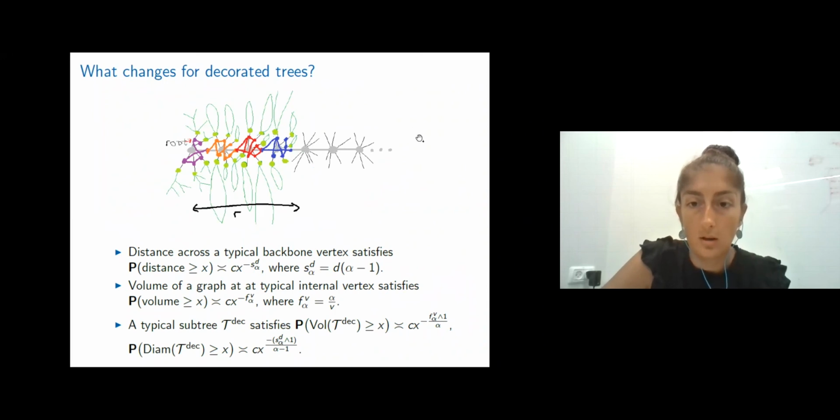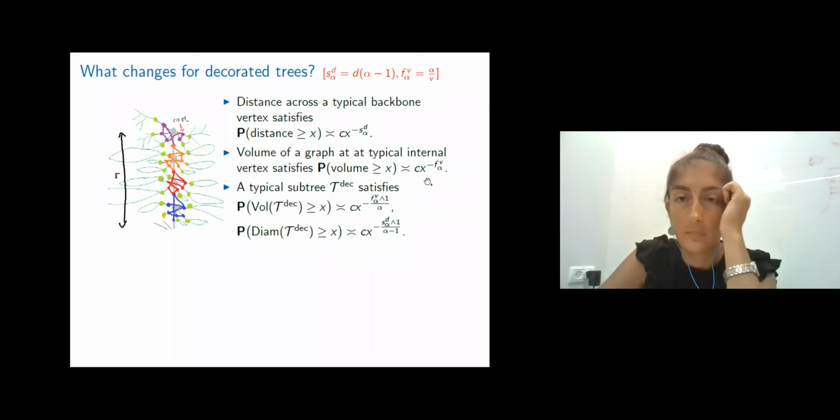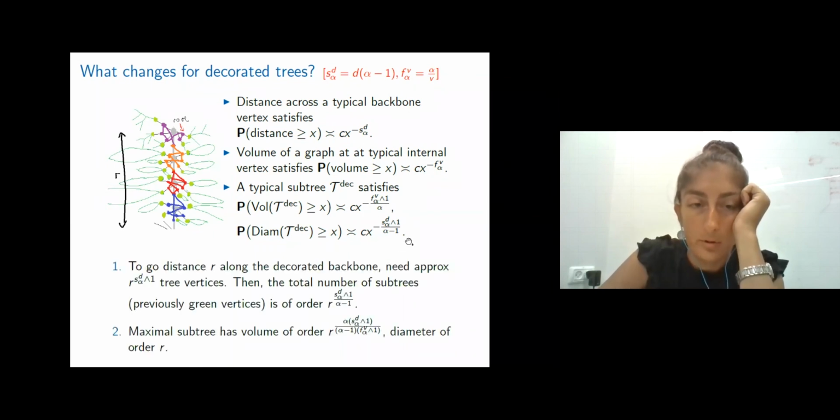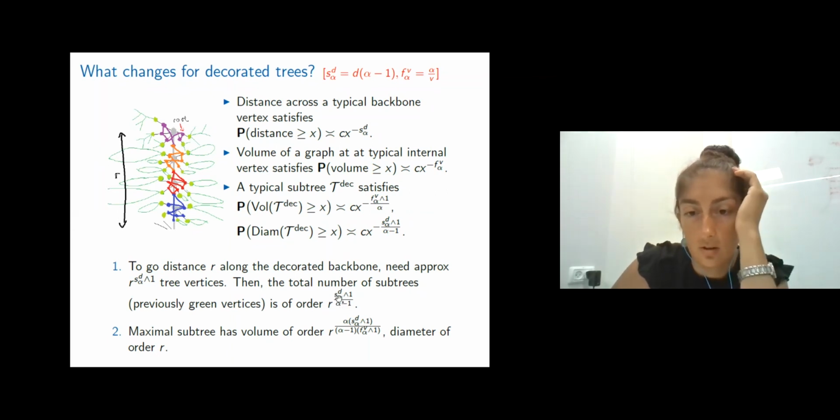So, I just rewrote the same information further up on the screen, and just to remind you, these are what the exponents are. And then what we want to say is we go distance r along the backbone. And now the total number of green vertices or subtrees that we have to consider, rather than r to the 1 over alpha minus 1, we have this extra power of this exponent, minimum 1, which is coming from this power here.